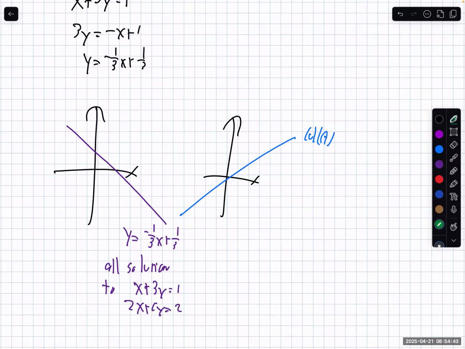Okay, and then the punchline was this line is parallel to the null space.